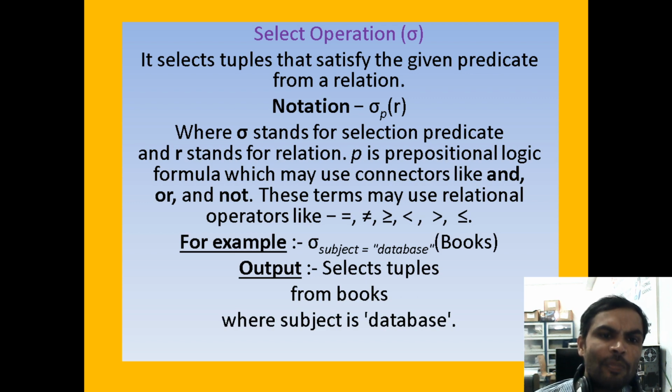We can represent the selection operator with the notation sigma p of relation r, where sigma stands for selection, p is the selection predicate, and r stands for the relation. P is a propositional logic formula which may use connectors like the and operator, or operator, and not operator.